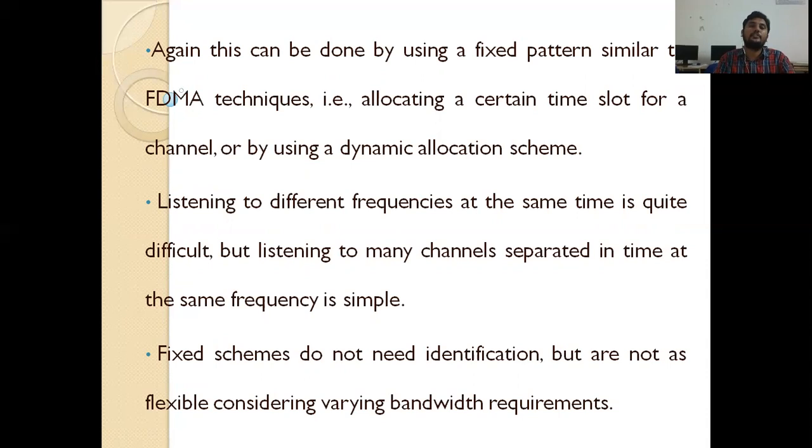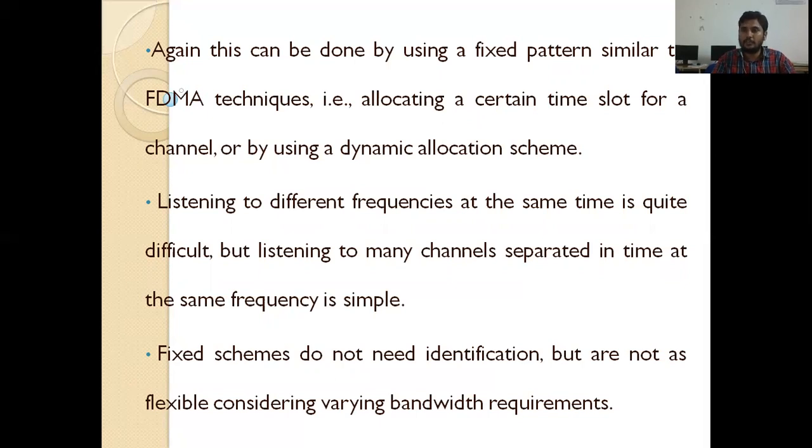Listening to different frequencies at the same time is quite difficult. That's what we discussed in the example. At a time, from morning 9 to 10, a total of 6 classes are available. So which class do you prefer? That is very difficult. At a time, there is a possibility of one class only. That is the difference between FDMA and TDMA. If all classes are available from 10 to 11, and you select one frequency range, you will get one subject.